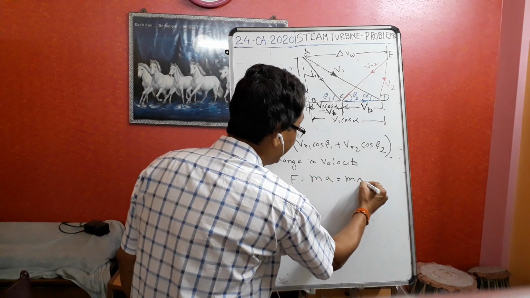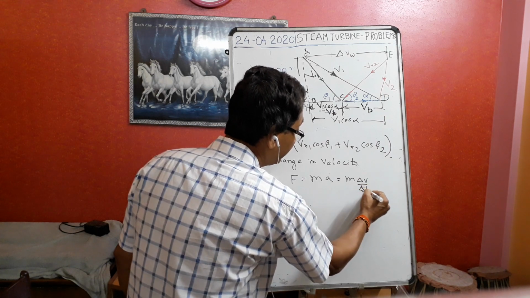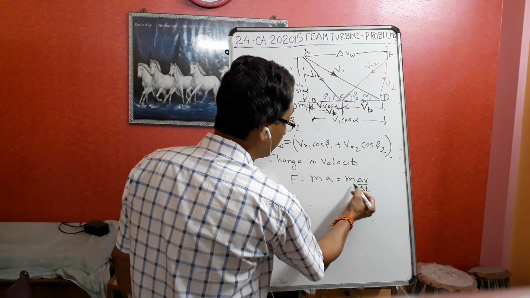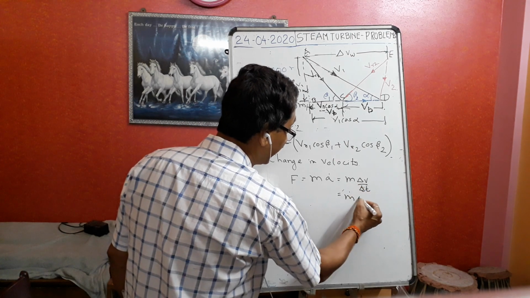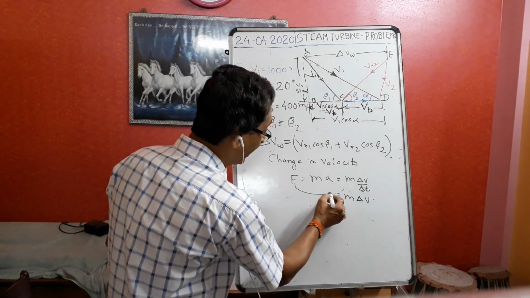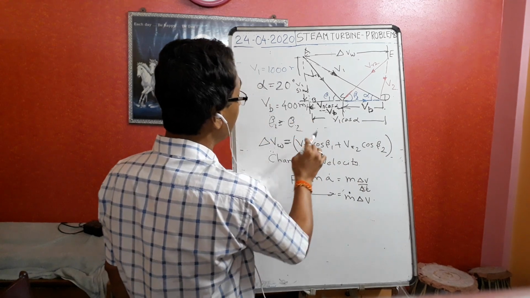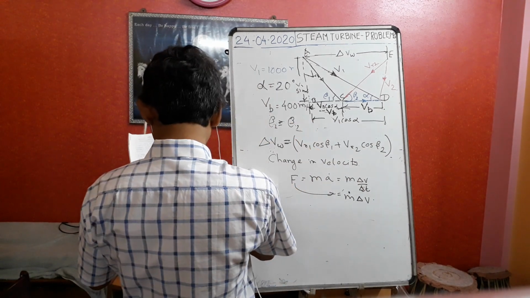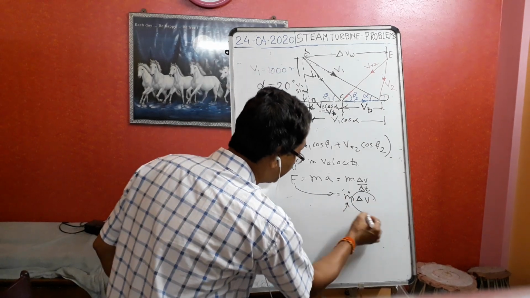M into del V by del T. So what is M by del T? M by del T is M dot, and del V. So if I want to find out the force, M dot is given. How much? M dot is given 0.75 kg per second. Then I have to find out the del V.